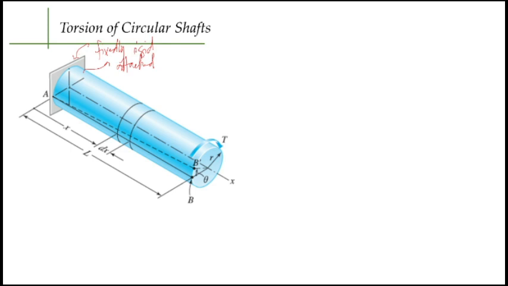Now, if this is fixedly attached and at the free end, which is here, we apply a twisting force, a torque, our material will rotate following the applied direction of your twisting force. If you can notice here, it moved a certain distance.